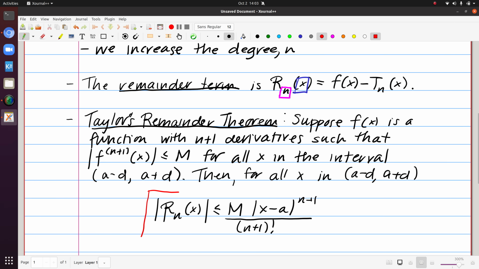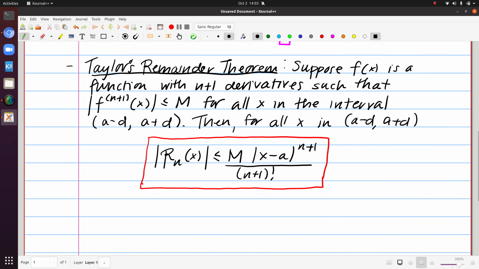So this inequality is the key thing we want to remember about how we can bound our remainder term. If we take a step back, we can see the dependence on both n and x. Certainly n is coming through with the n plus 1 factorial in the denominator, as well as the n plus 1 exponent.